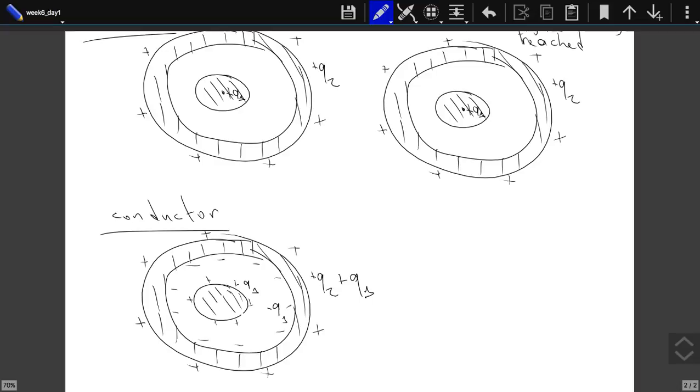I can go ahead and calculate the electric field. So I have one spherical charge surface here, another one over here, another one over here, and I should just go ahead and calculate the corresponding electric field everywhere. But once you determine the charge distribution, the fact that those charges are part of a conductor or an insulator doesn't matter.